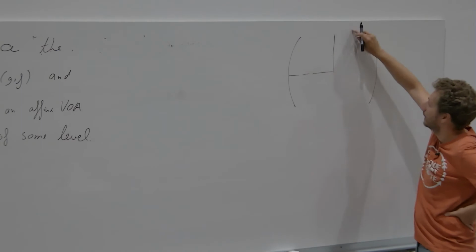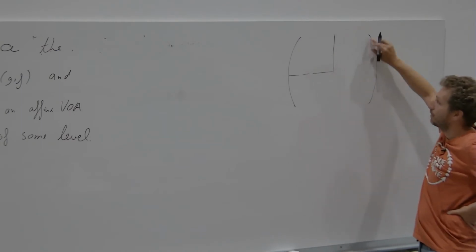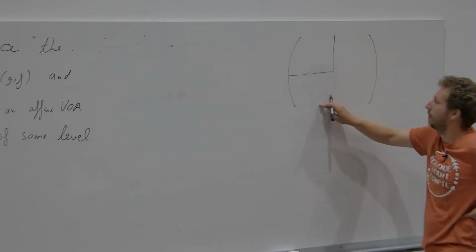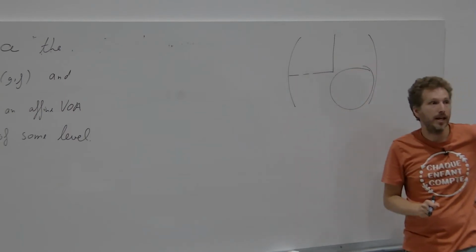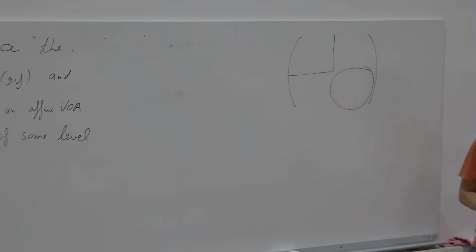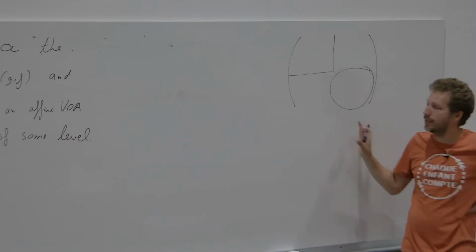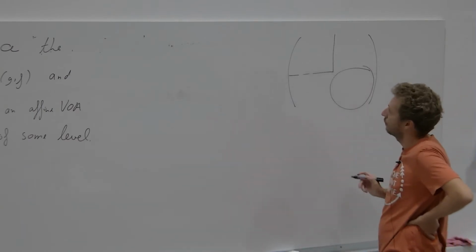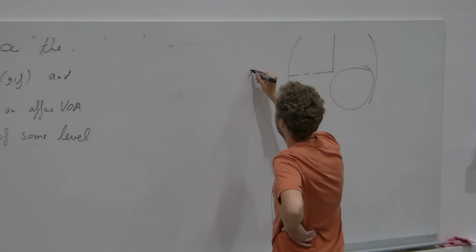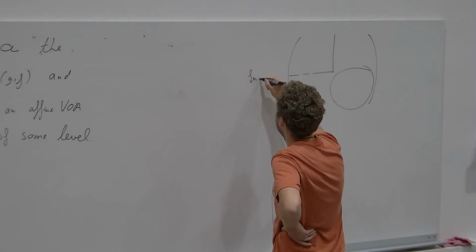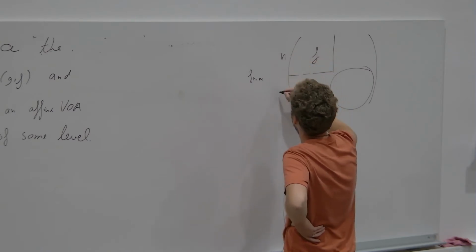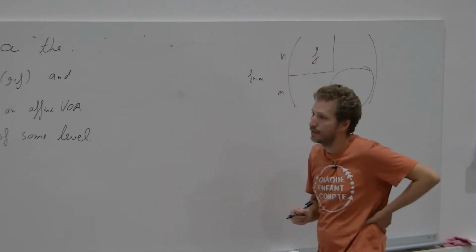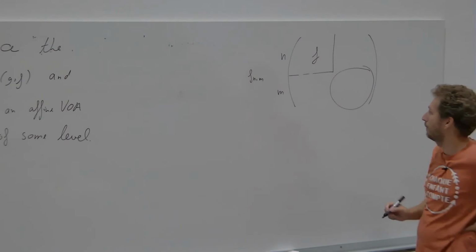Here we will get a bunch of n-dimensional representations, here the same thing, but the whole big block here will give us a GLM of trivial representations. So in this example, for this type of nilpotent element, which we would call the nilpotent element of type (n, M), this A would be GLM.